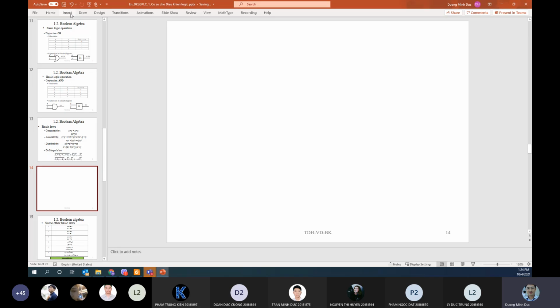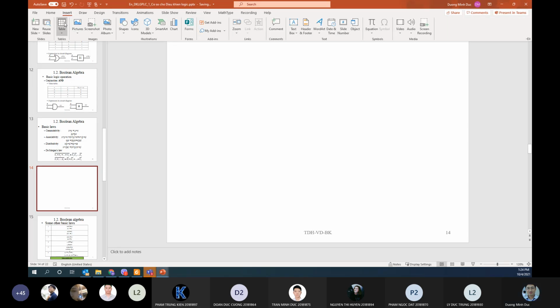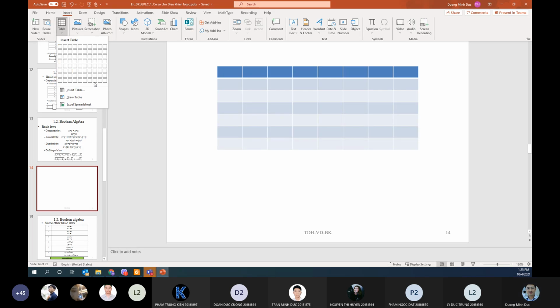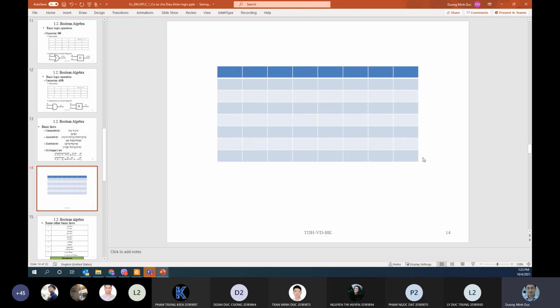Then we will make the table: x, y, z, y and z, x plus y, x plus z, left side, right side, and we have 8 cases.